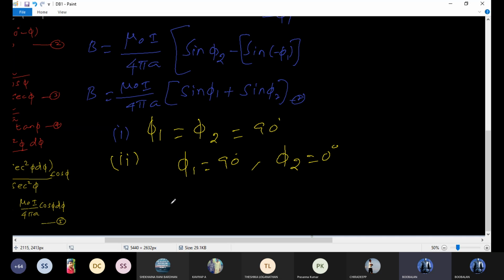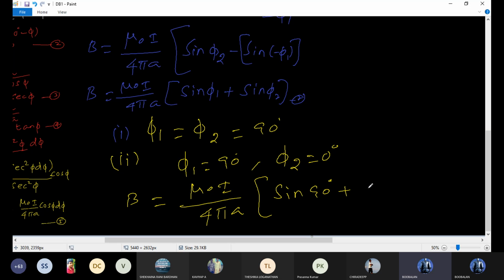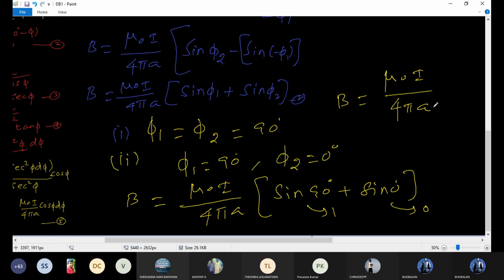Applying into the formula, B equal to mu naught I divided by 4 pi A, sin 90 degrees plus sin 0 degrees. Sin 0 degrees value is 0, sin 90 degrees value is 1. So you will get B equal to mu naught I divided by 4 pi A for the second condition. That's all.